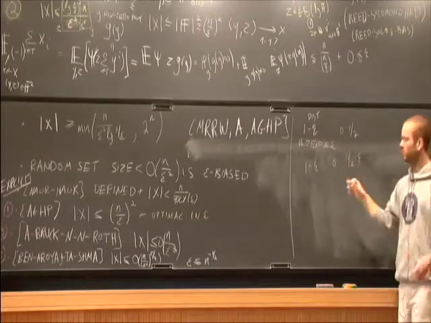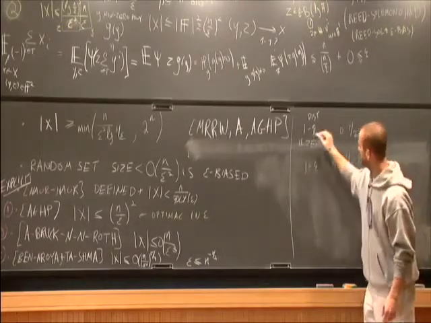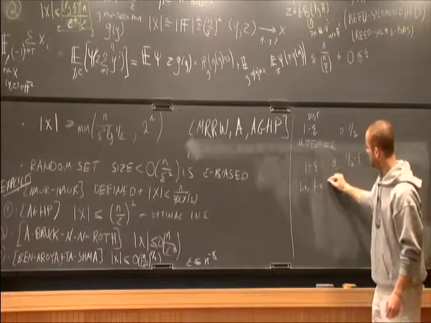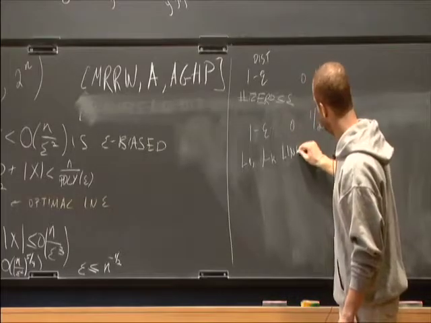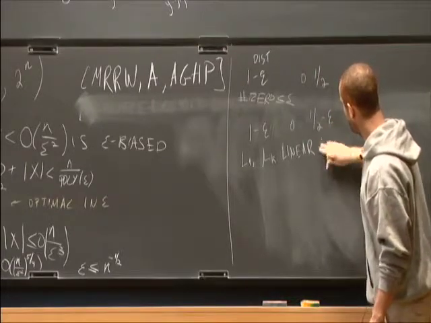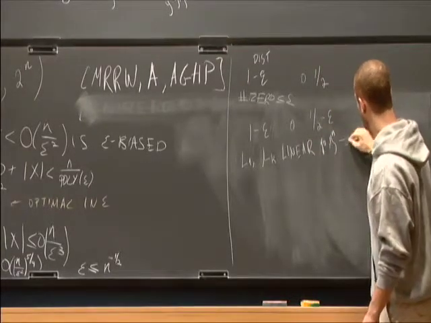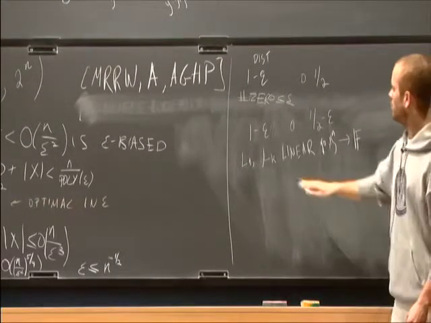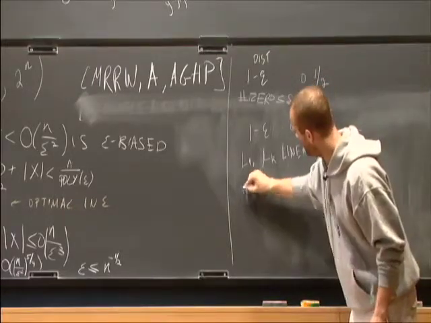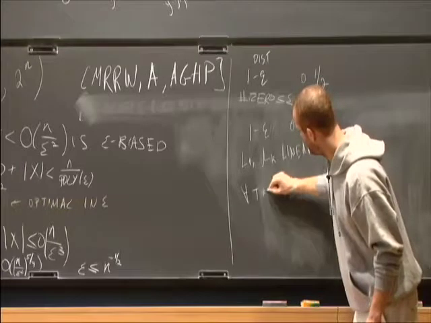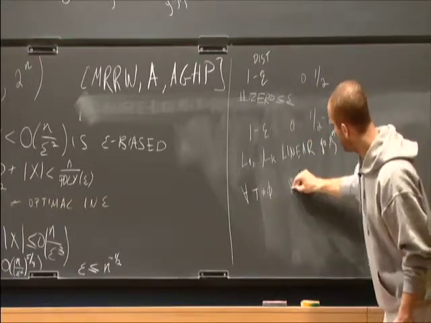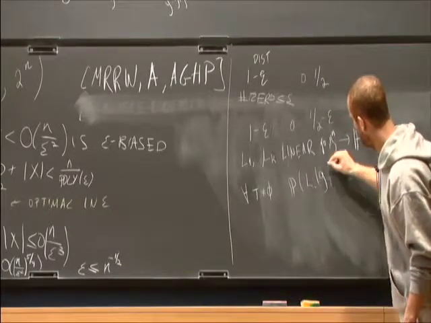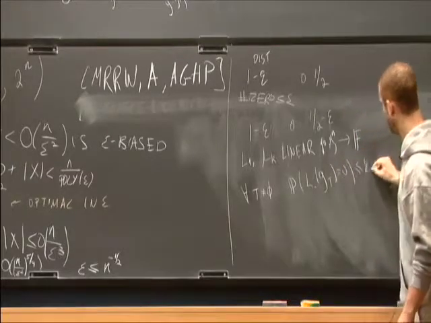I'm going to say one way to view this. In the first step, we chose L1 to LK linear maps from {0,1}^n to some field F. So for every non-zero, non-empty set T, the probability that Li of GT is 0 is at most epsilon.